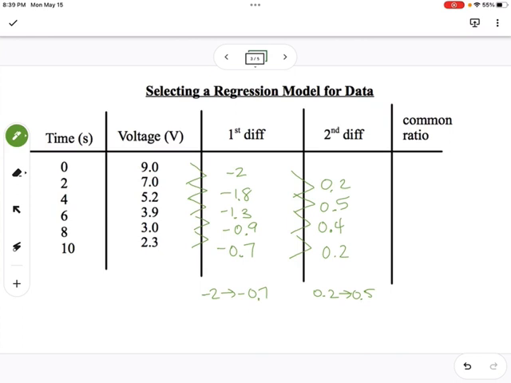And we can also look at the common ratio. So this would be 7 divided by 9 gives us 0.78.